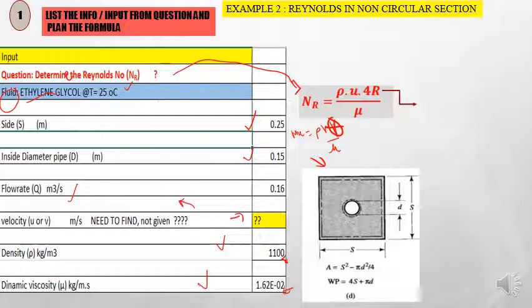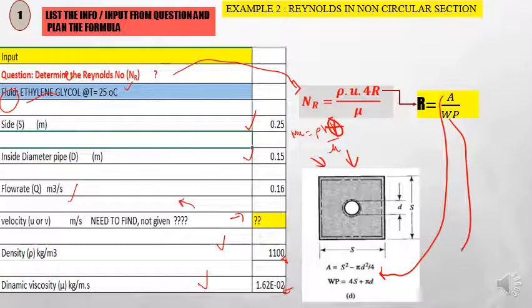How can we get the hydraulic radius for this shape? The hydraulic radius is the ratio between the area being flowed by the liquid, divided by the wetted perimeter, WP. You can calculate the area for this type of shape and substitute it using this item, and the same goes for the WP.